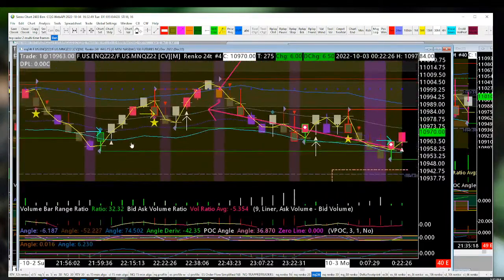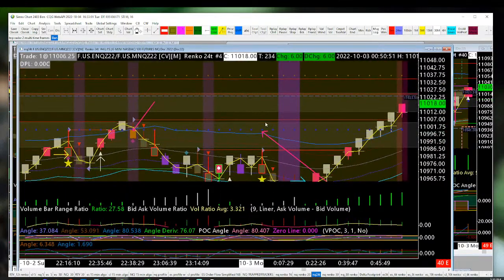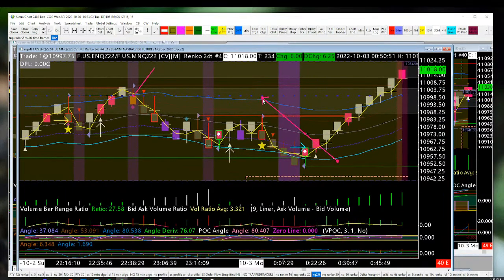Or sorry, the lowest, I should say. Dyslexia. And then the closest orange bar was in this location at the blue dots, which is the 3A POC, VPOC, I should say. No, POC is right. Yeah, same thing. When we came down, we got this little lift here, and this wave started here.